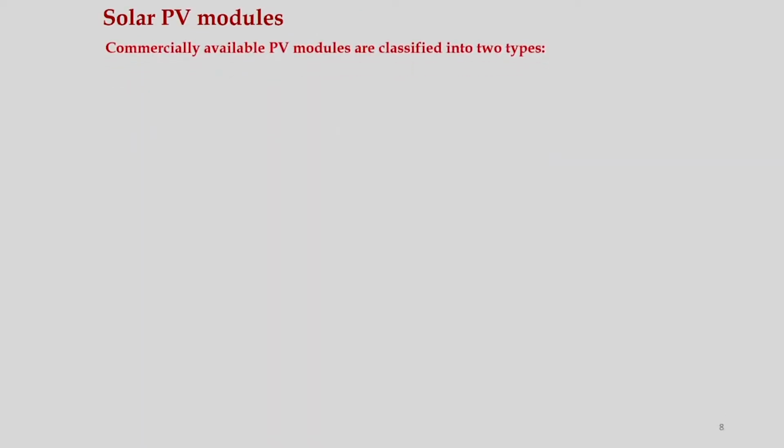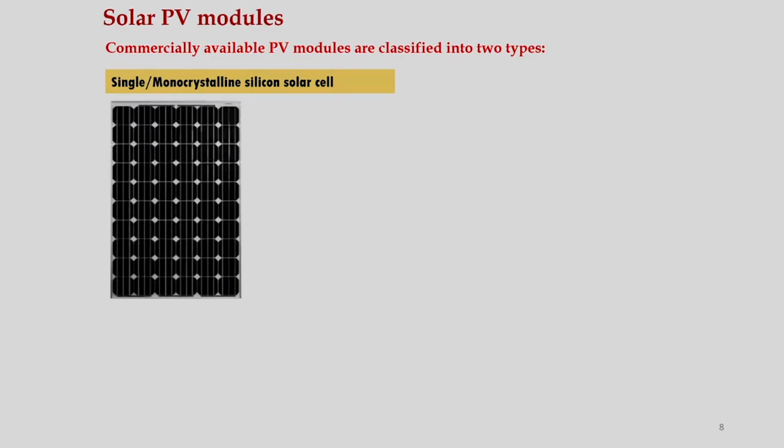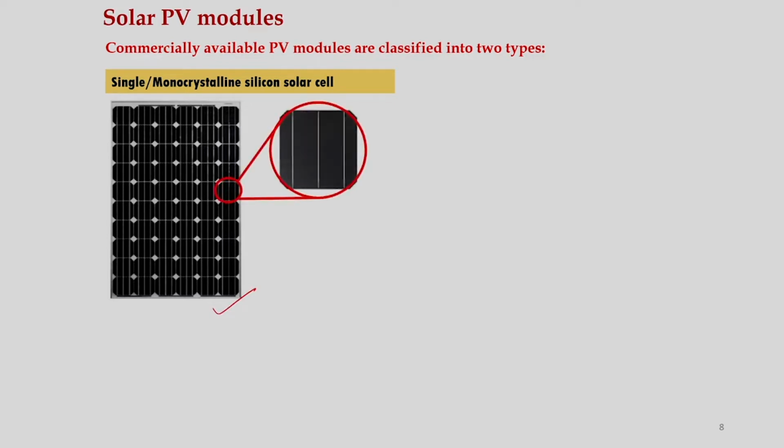So, solar module, already we know that 90% of the solar modules are made of silicon based solar cells. It may be single crystalline or multicrystalline. We need to select the best module for the particular application. This configuration is for single or monocrystalline silicon solar cells, and already we know how it looks.